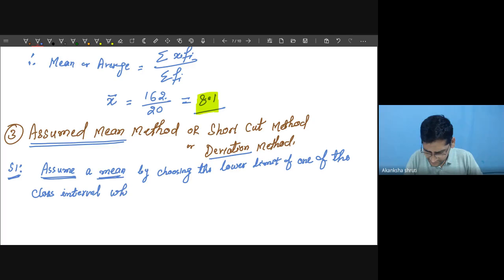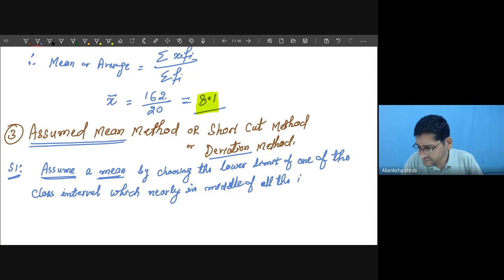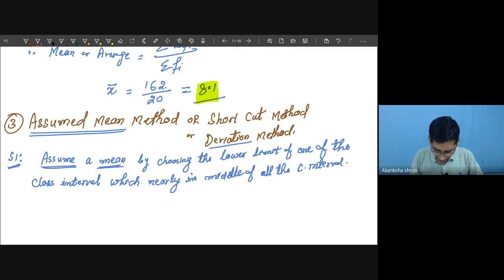Which is nearly in the middle of all the intervals or class intervals. Understand this statement carefully, student. So first, what you have to do? Take the lower limit of one of the class intervals.